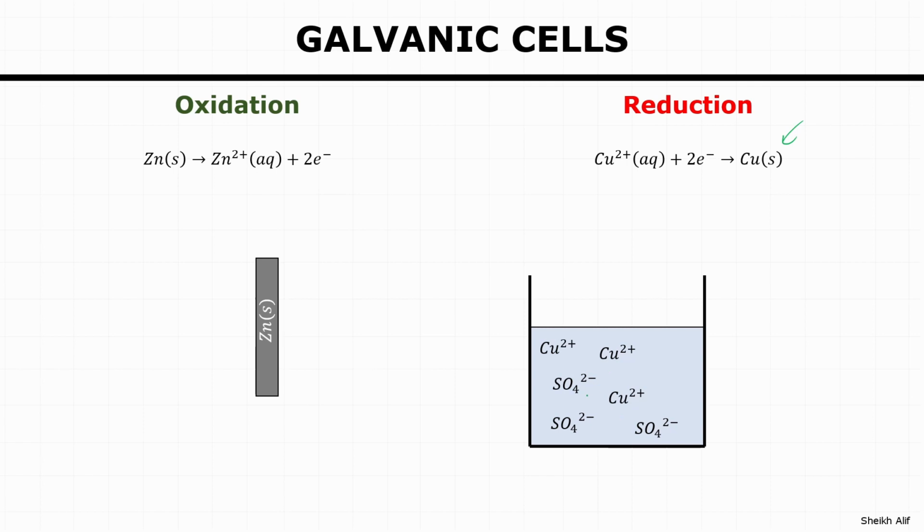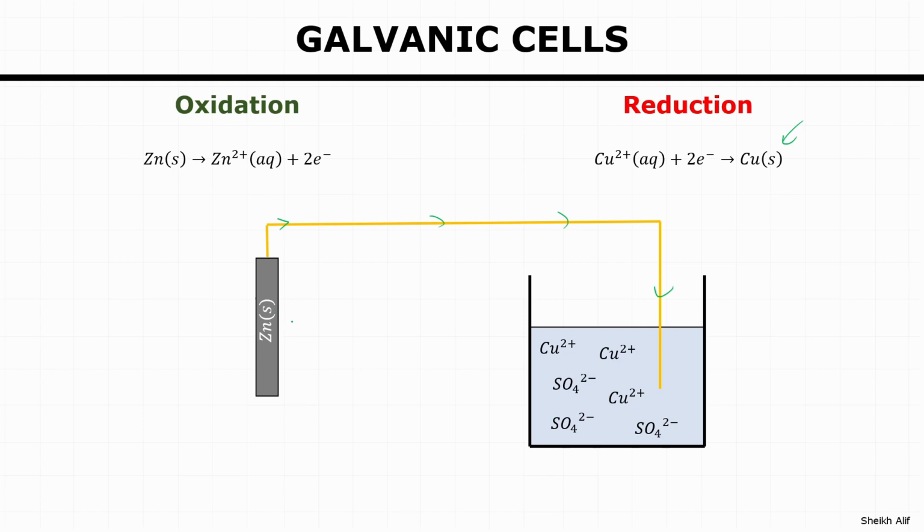In the net ionic equation they're not included, but in the big reaction, they are. And so in theory, you should just be able to connect these, and the zinc solid is going to lose electrons, and those electrons move through this wire into the reduction half reaction, and they react with the copper 2 plus. But there are some problems.